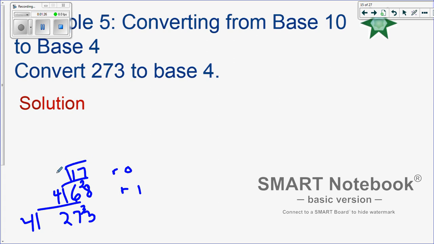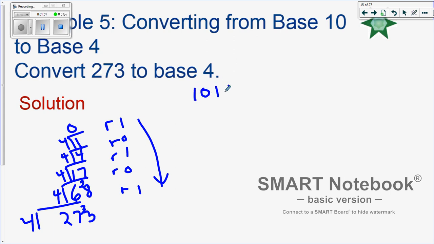Then 4 goes into 17 4 times with a remainder of 1. 4 goes into 4 once with a remainder of 0. And then 4 goes into 1 0 times. You always go until you get a 0 on the top with a remainder of 1. So now I'm going to record my answer going down. So my answer is 1 0 1 0 1 base 4.